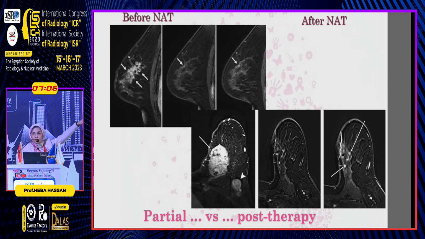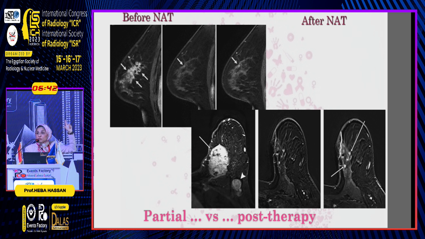As you can see here in the upper image, this is an invasive hormone positive disease. After treatment, both in the early and the delayed phase, we have a very small focus. We're going to measure it and say that it's of course a partial response. We still have some tumor. However, the pathology report came in with a larger tumor size than on the MRI.